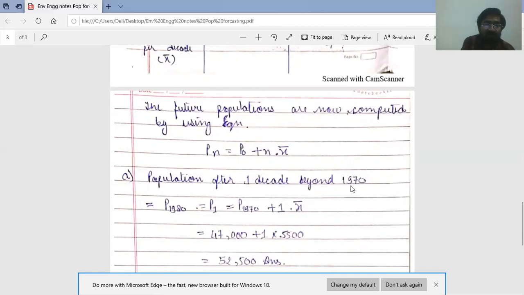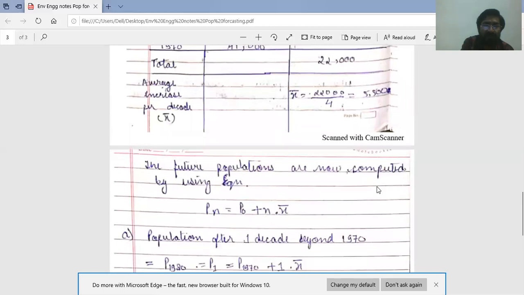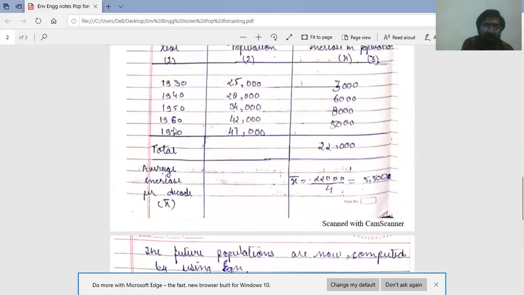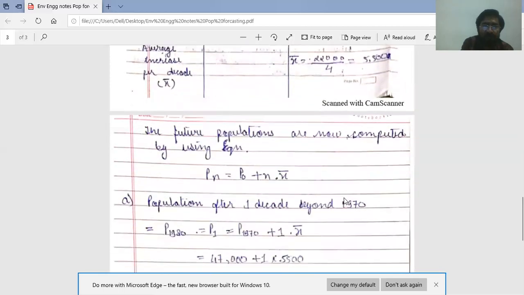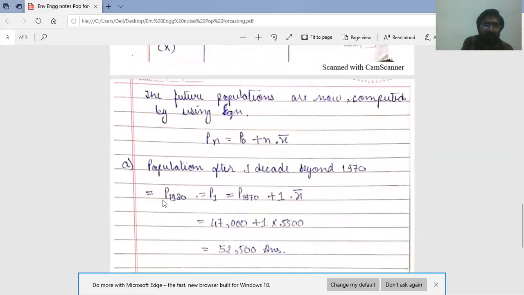First, the population after 1 decade, beyond 1970, not any other year. The last known census is not 1930, 40, 50, 60. The last known census is 1970. This is given. The last known census is 1970, so we use the data of 1970. Population after 1 decade means from the last known decade 1970 to 1980.